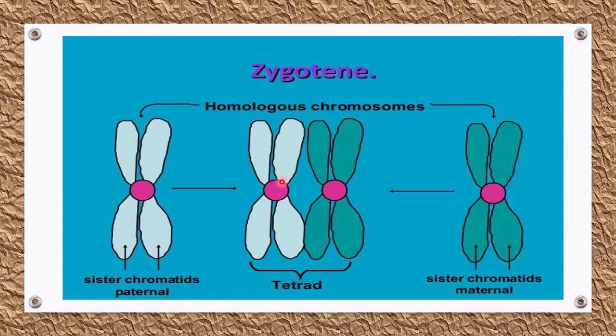This whole phenomenon of pairing of chromosomes with similar characteristics is called synapsis, and this is observed during the zygotene phase.